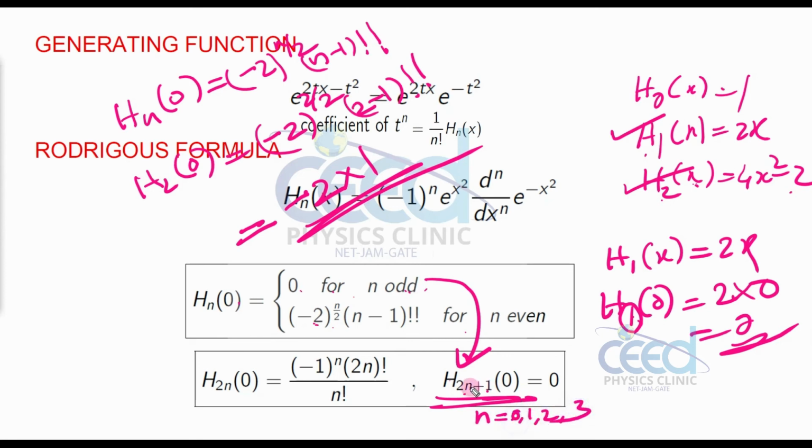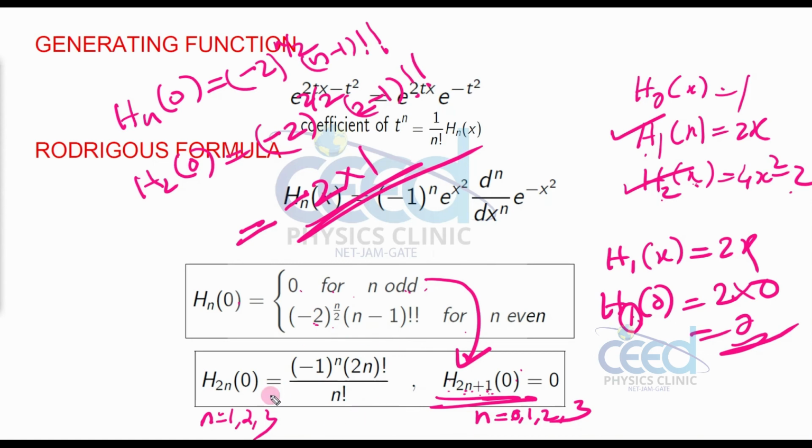When you give n is equal to 0, you get first order function h1 of 0, which is 0. If you give n is equal to 1, you get h3 of 0, an odd function, that is 0. Now if you generalize the even result, h2n of 0, for n is equal to 1, 2, 3, etc., you can generalize in this format.